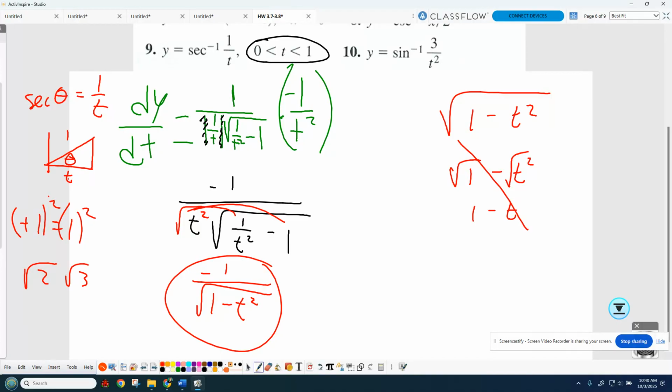So is it asking cosine inverse of t or 1/t? I don't know, I did it with 1/cosine inverse t, and it works.